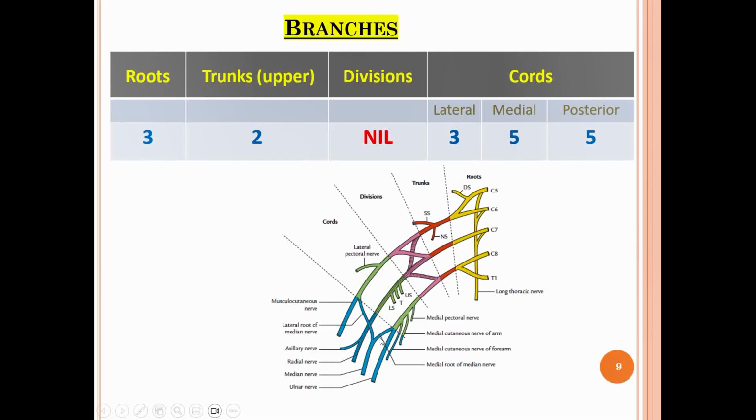Apart from that, this is continuing as the ulnar nerve. And from the lateral cord, there is the lateral pectoral nerve, it continues as the musculocutaneous nerve, and also the lateral root of median nerve. The posterior cord gives 5 branches: upper subscapular, lower subscapular, thoracodorsal, axillary, and then it continues as the radial nerve.